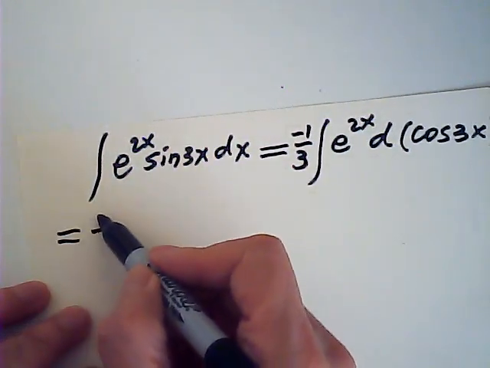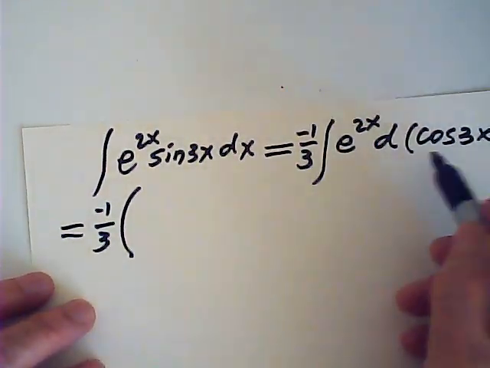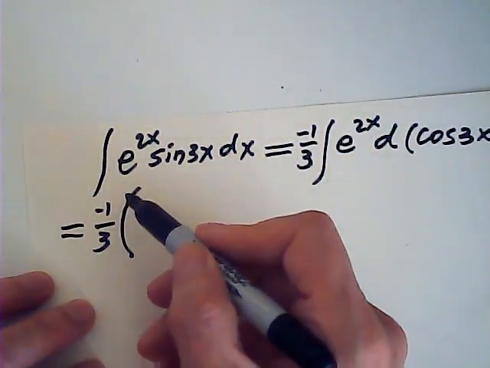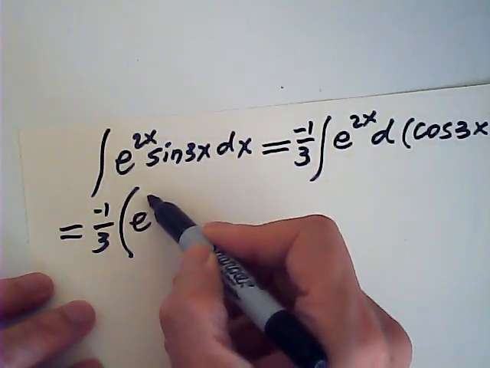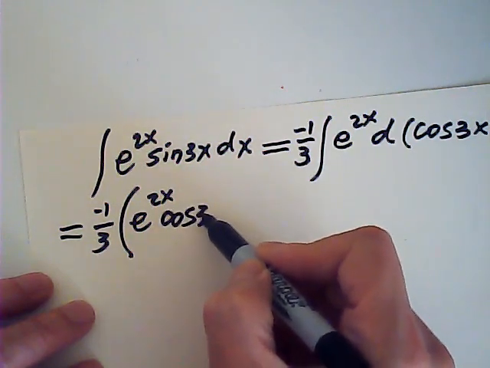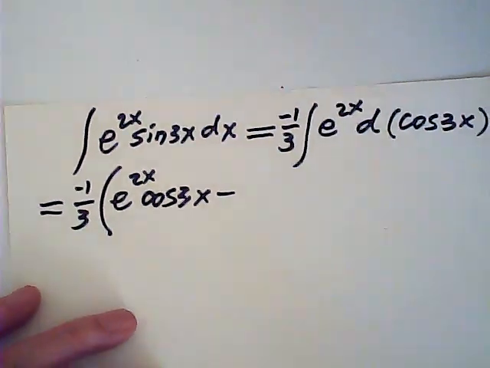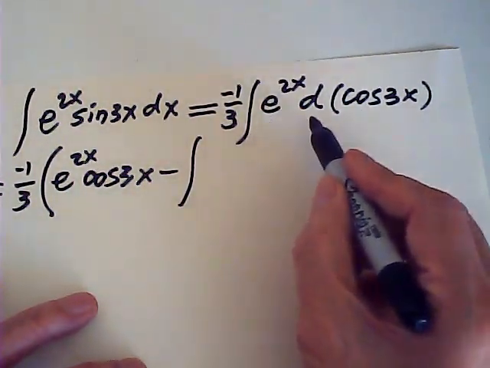Then this one equals negative 1/3. Then I can use by parts, right? UV, this is U, this is V, minus the integral of V du.